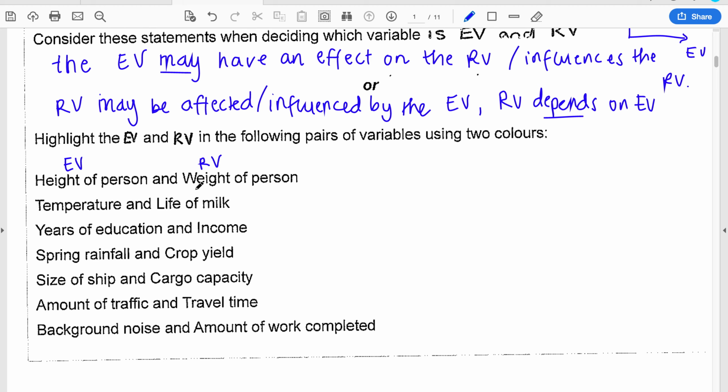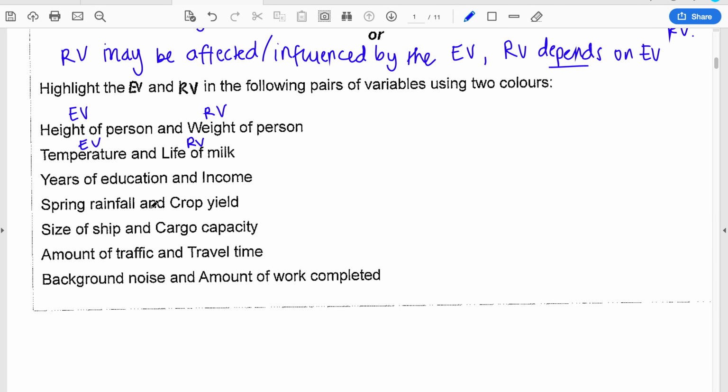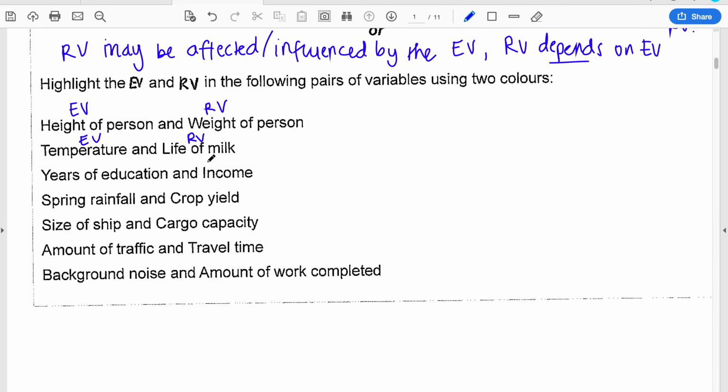Temperature and life of milk, so this will be similar. We're saying that really this life of the milk, it really depends on what temperature it is. So the RV depends on the EV. Same with this one, years of education to income. Well, your income depends on how educated you are. Now that doesn't work for everybody, remember, but this is just generally.